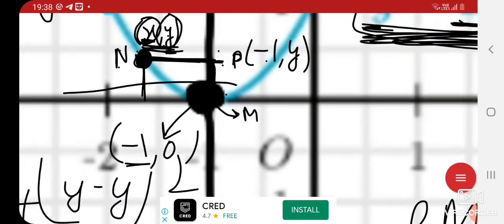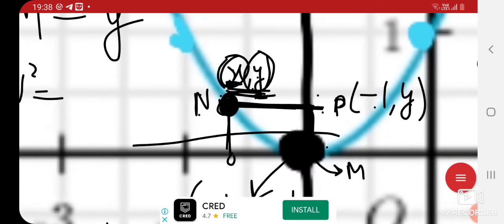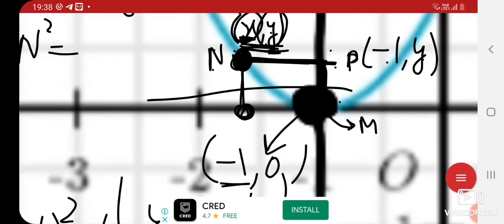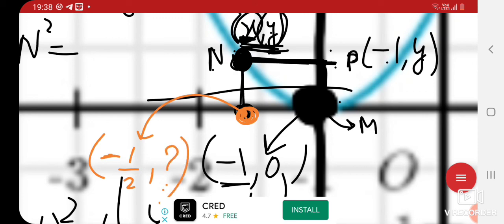What does that mean? This means the value located here, I am just highlighting it with the other color, the value of x you are obtaining is minus 1 by 2. So the question arises, what will be the value of y?